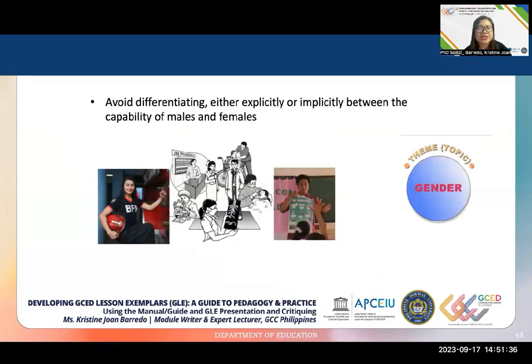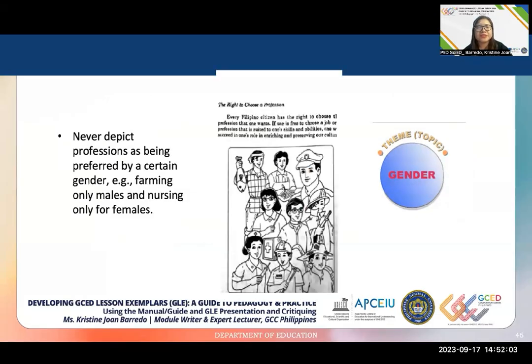Avoid differentiating either explicitly or implicitly between the capability of males and females. So, hindi porket teacher ay puro mga babaeng teacher lang. At hindi rin porket mga bumbero ay mga lalaki lang ang pwedeng maging bumbero. So, avoid gender biases. Never depict professions as being preferred by a certain gender, like farming only for males and nursing only for females.